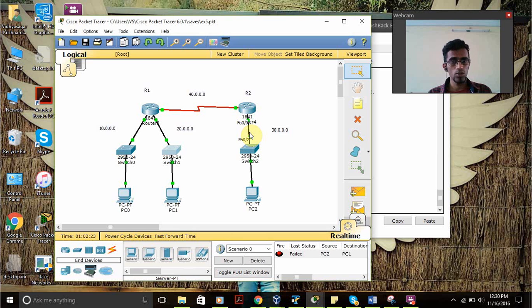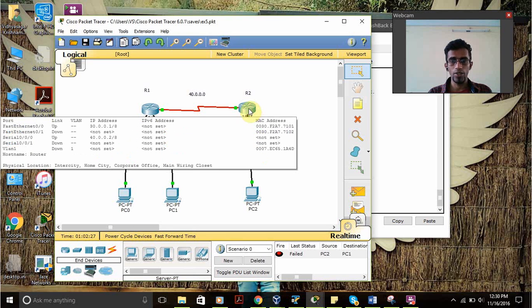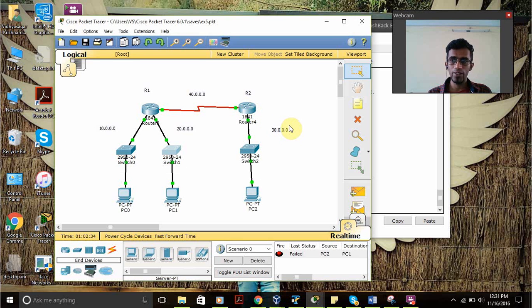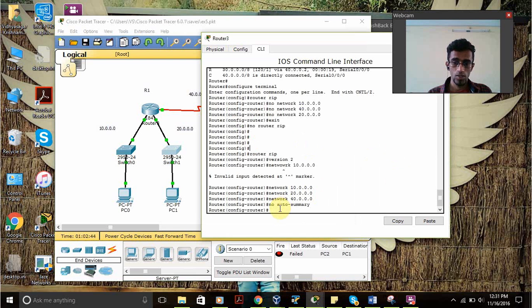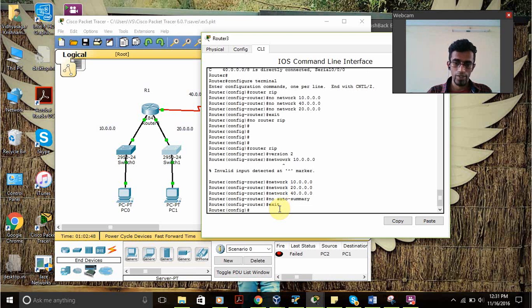So when you try and route a packet, the router automatically takes its classful form. So it would ignore completely the subnet mask, and it will convert it to its nearest classful form. So we don't want that. So that's why we give no auto-summary. So this is done, and then we give exit.